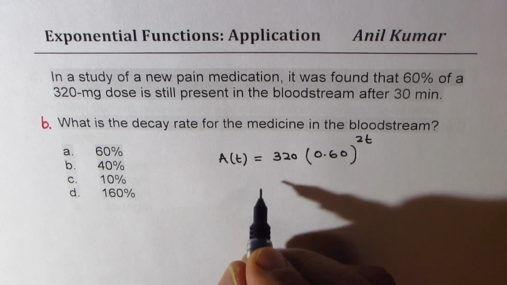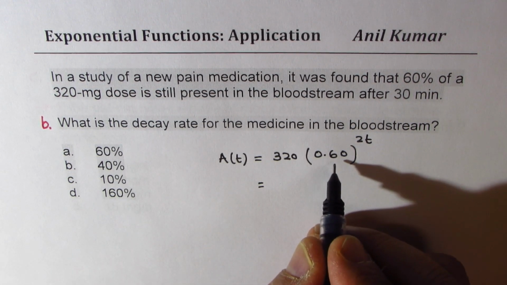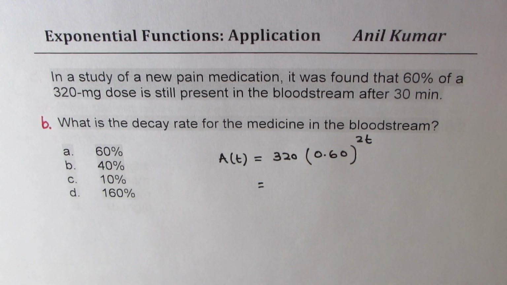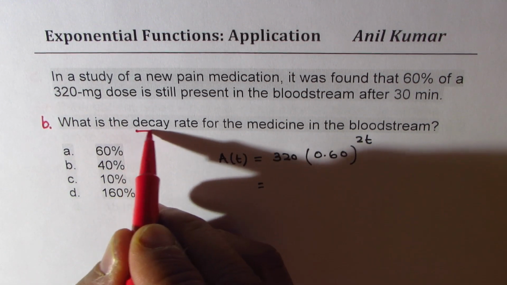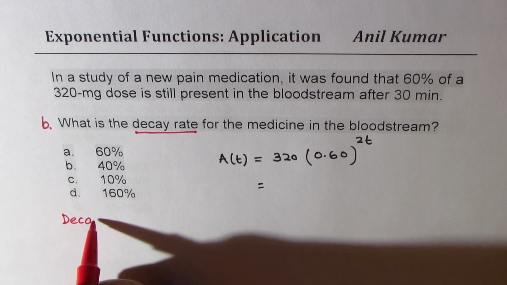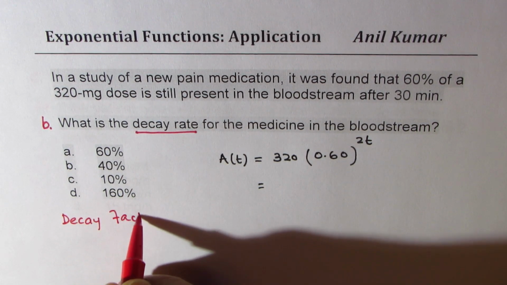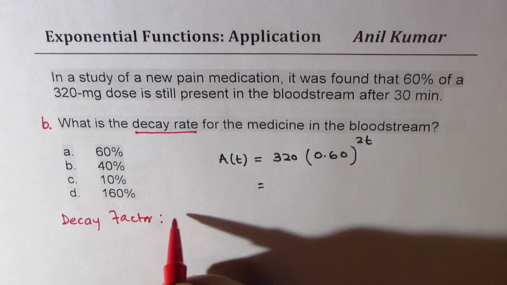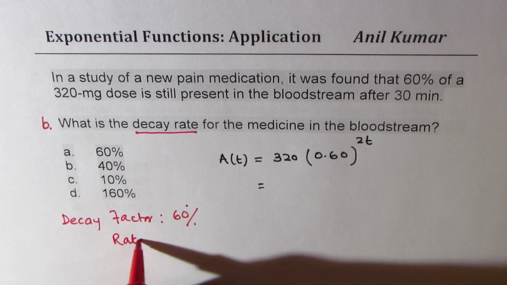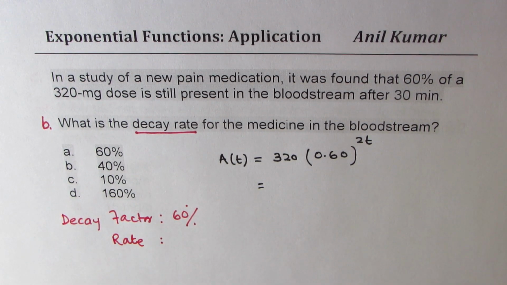Now 60%, this is the decay factor, right? So we want to find what is the decay rate. So there are two terms. One is decay factor. Now the factor is 60%. Now what is rate? That is what we have to find.